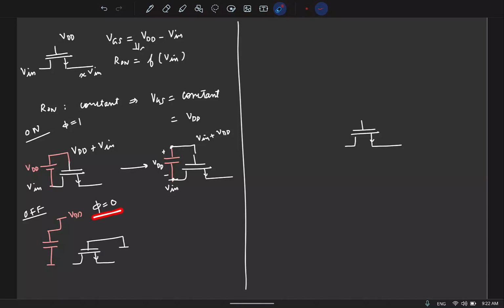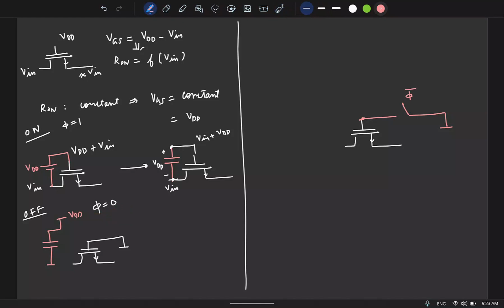Only when phi is 0, I want this to be pulled to ground. In principle, ideally, we need to put a switch that basically pulls the gate voltage to ground. And what should be the control signal for that switch? When phi is 0, this should be active, so this should be phi bar.